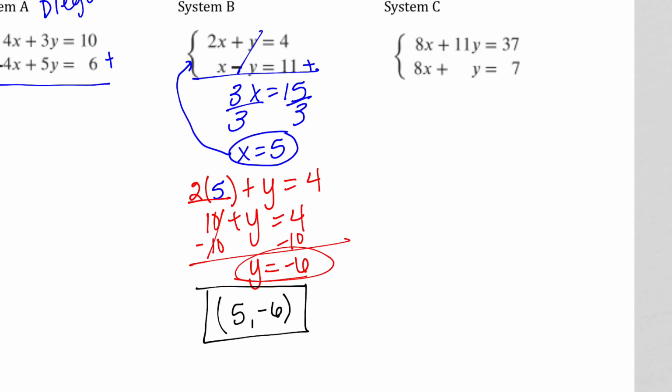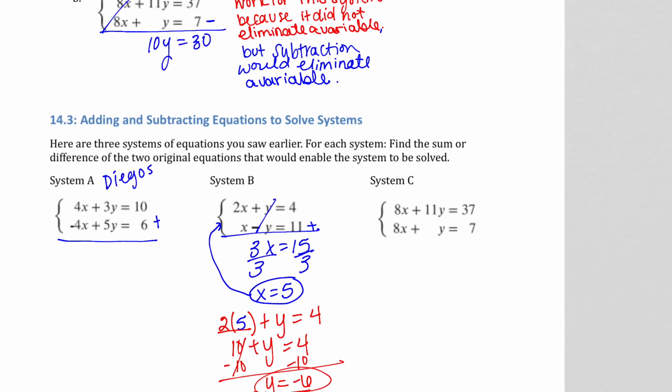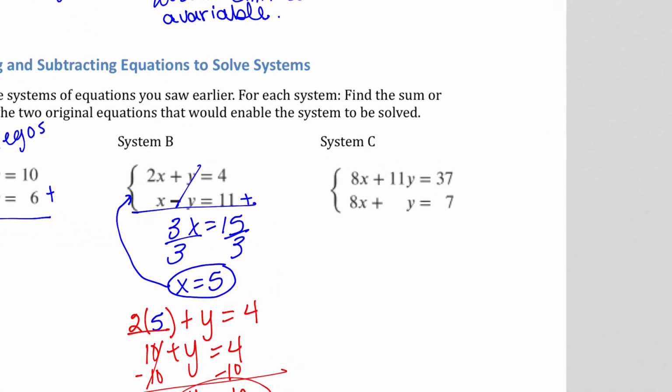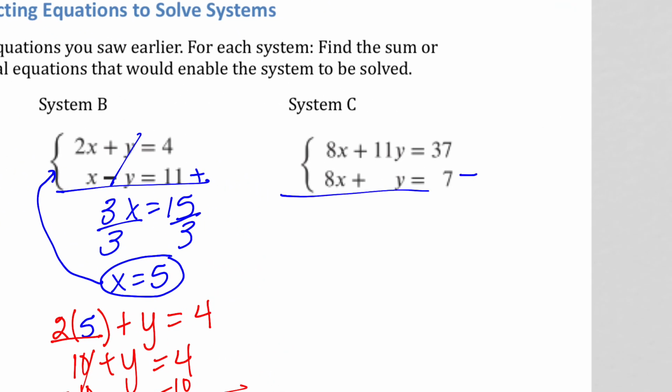So we already saw system C when we were up here and we subtracted them and got the 8x's to cancel out, or to be eliminated. And we got 10y equals 30. Now how do I finish solving for y?